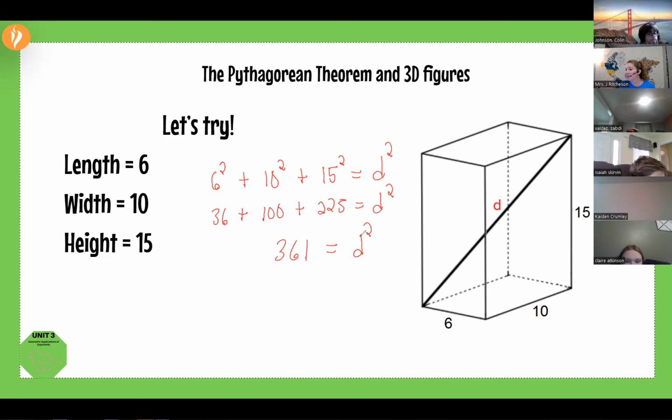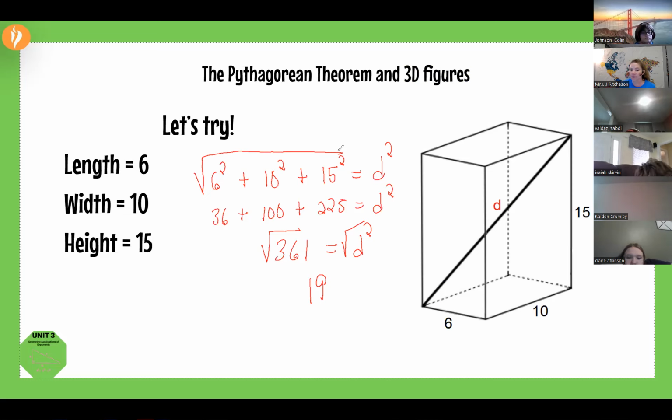So how do we get D? We find the square root of 361, which is 19.